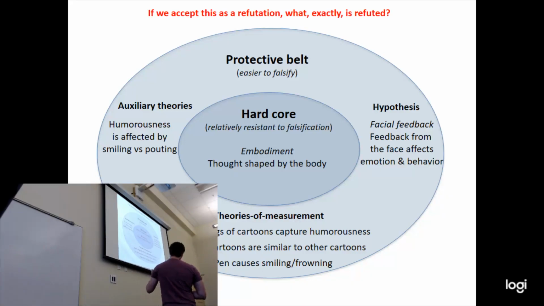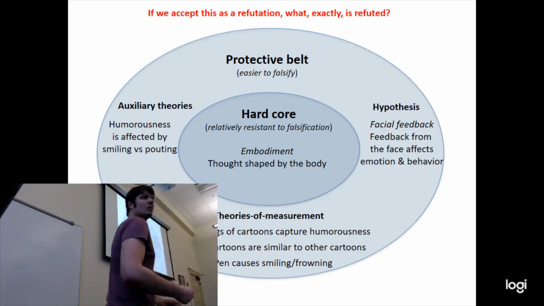If that's not the case, maybe this hypothesis hasn't actually been refuted. Maybe some other way of inducing facial feedback would do a better job. It might not be that our Likert scale is actually capturing humorousness. Could be that there's something weird about the cartoons, that we need funnier cartoons. Logically, we don't know what we should be refuting here.